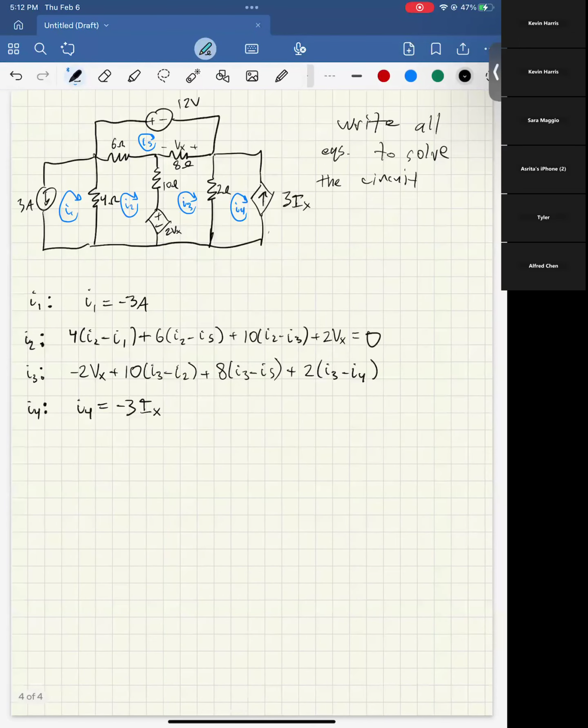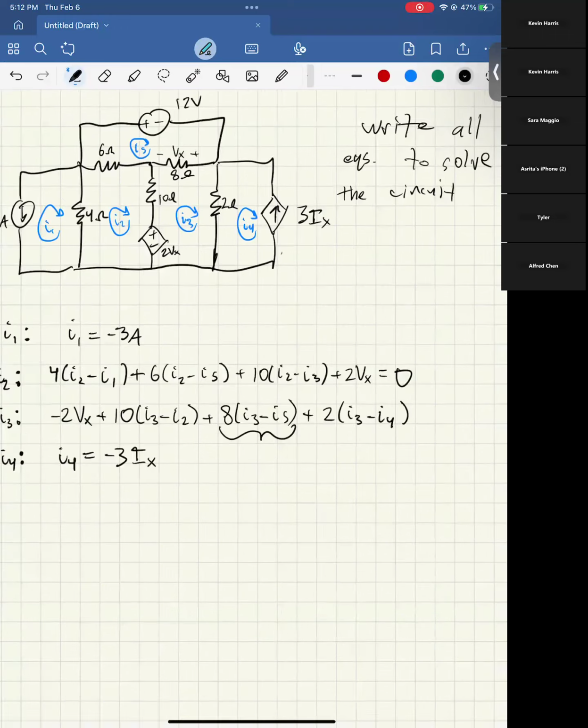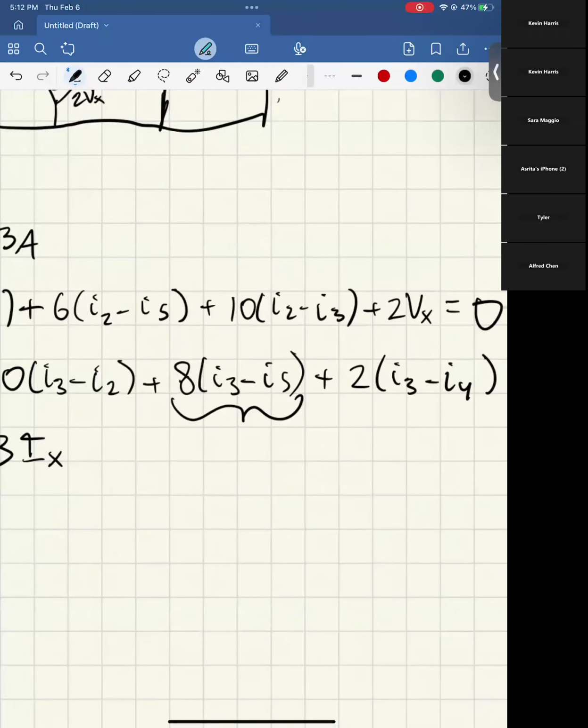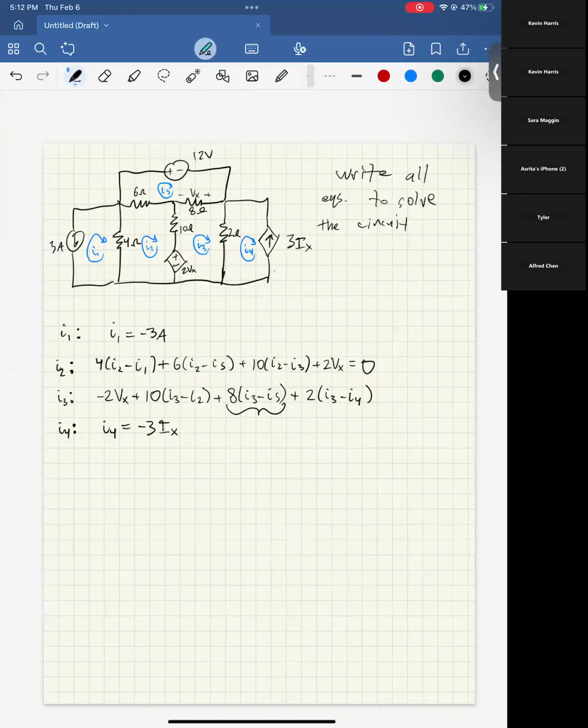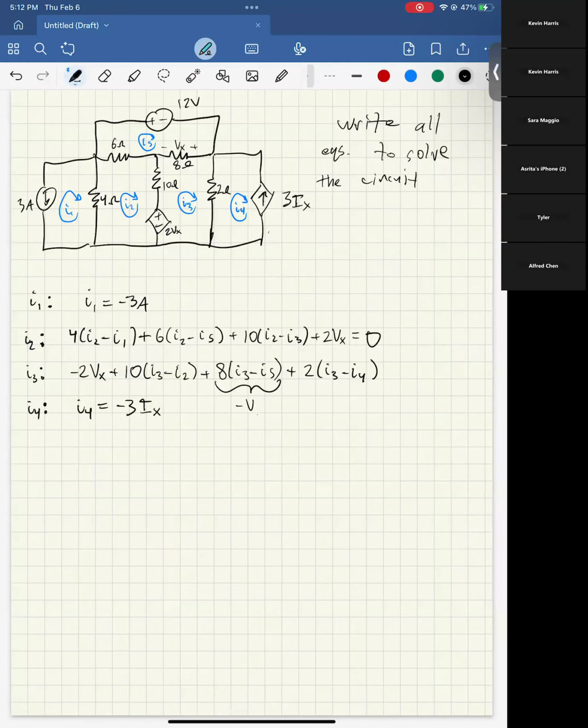This is just passive. Oh, for the resistor. Sorry. Which resistor was this? Oh, good point. If you were doing this here, the resistor itself will still have this voltage, but if I wanted to use Vx in this equation, this would have to be negative Vx.